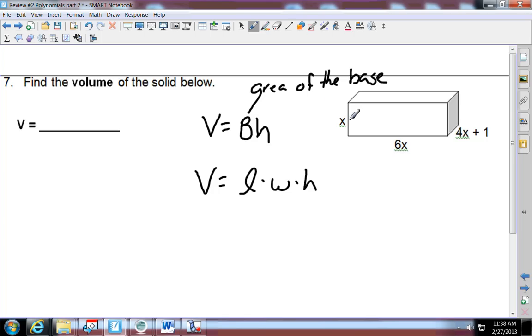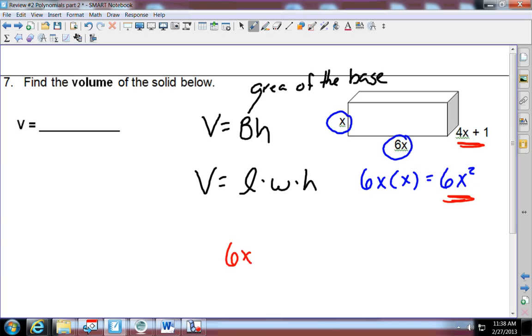So all I'm doing is multiplying these all together. Let me multiply those two together. What is 6x times x? Should be 6x squared. Now I'm going to take 6x squared times 4x plus 1. 6x squared times 4x. 6 times 4 is 24.